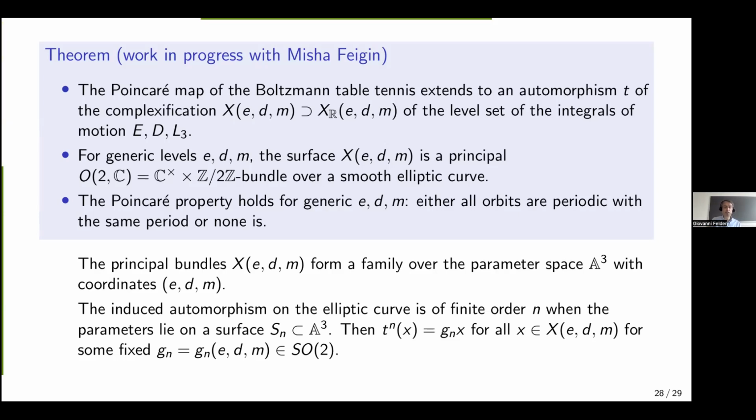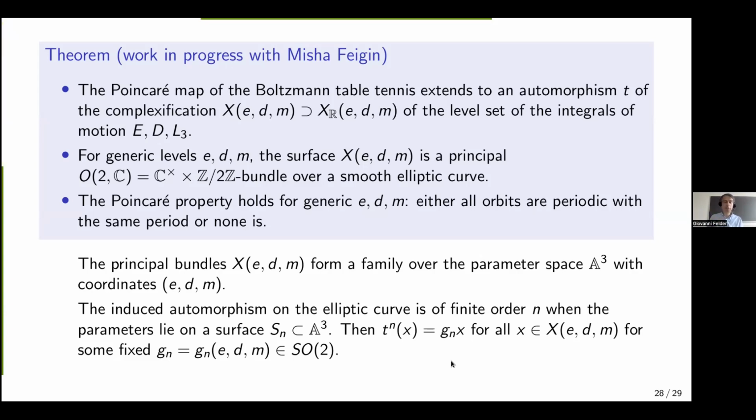Namely, if the induced map on the base curve is of finite order n, then the nth iterate of the Poincaré map is Gn. Gn is a group element in O2C, actually in SO2 it turns out, for all x. And it turns out that this is independent of x, so you have a fixed element of SO2 which acts.